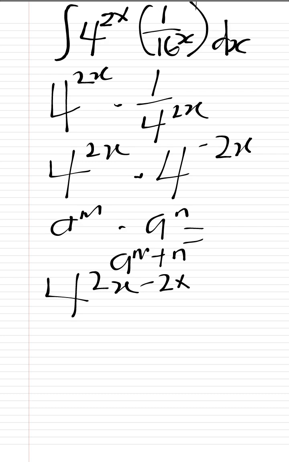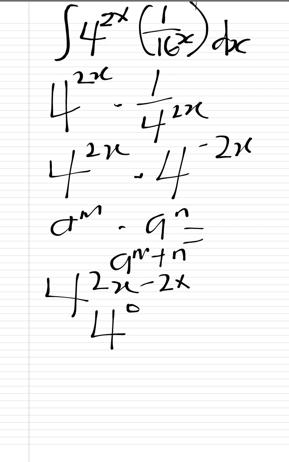I'm bringing negative because the inverse of 1 on 4 exponent 2x, we got what? Exponent negative 2x. So that's why I've brought the negative 2x there. So we are going to subtract the exponent, and since they are the same, we are getting 0 here.